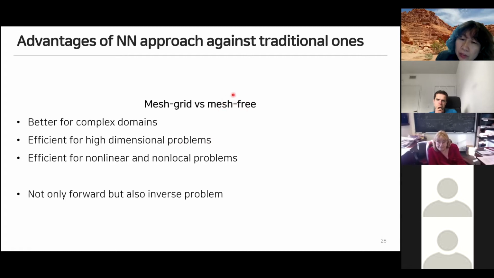However, this neural net approach turns out to be efficient for high dimensional problems. Besides that, this new method is also good for nonlinear and non-local problems, which I'm going to show you later. And other than this, this mesh-free deep neural net method is also good at forward plus inverse problems. So these are some of the advantages of this new method.